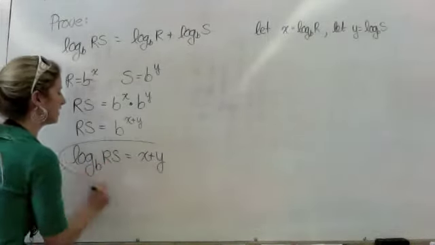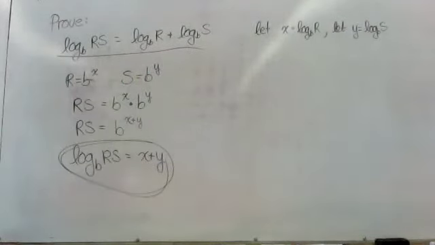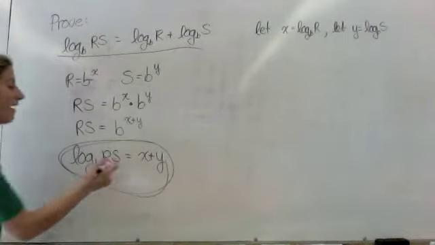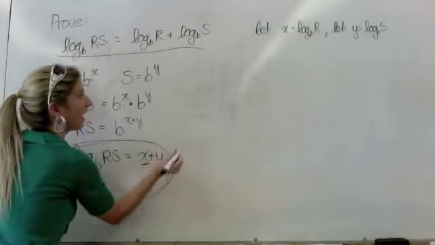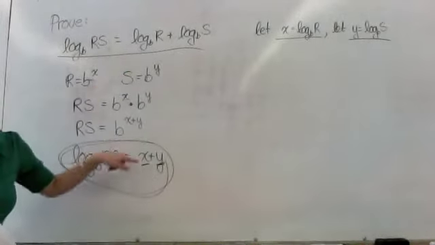Look at what we have here, and then look at what we have up here. Who sees it? I see some people that just went, oh, yeah. Well, I defined x and y right here. So basically, I can just plug those back in.